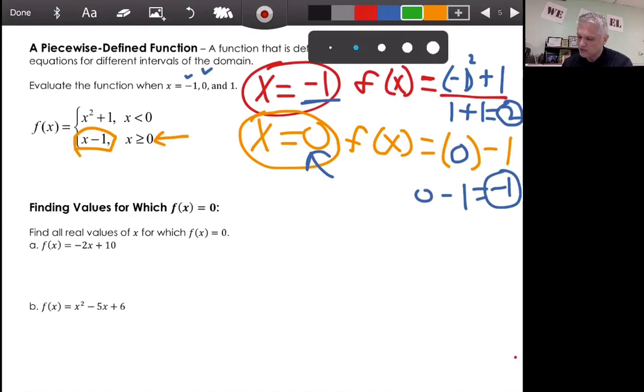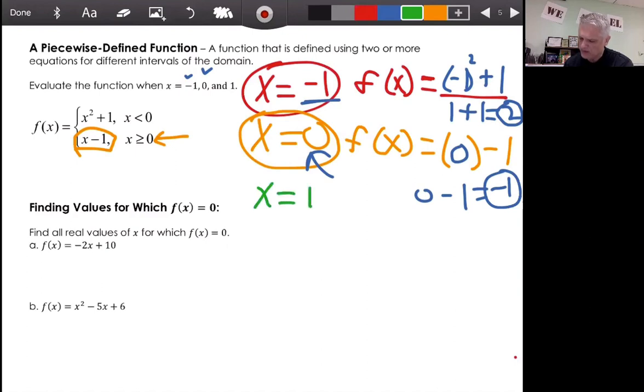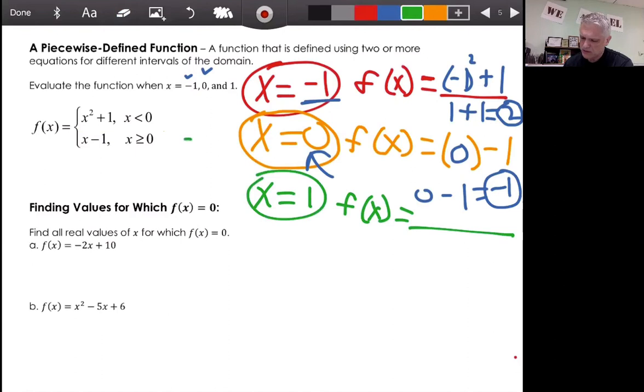The last part of this question says, what about when x is 1? So if x is 1, then what is f of x? Okay, first step, figure out which domain x equals 1 is in. Is it here or is it here?